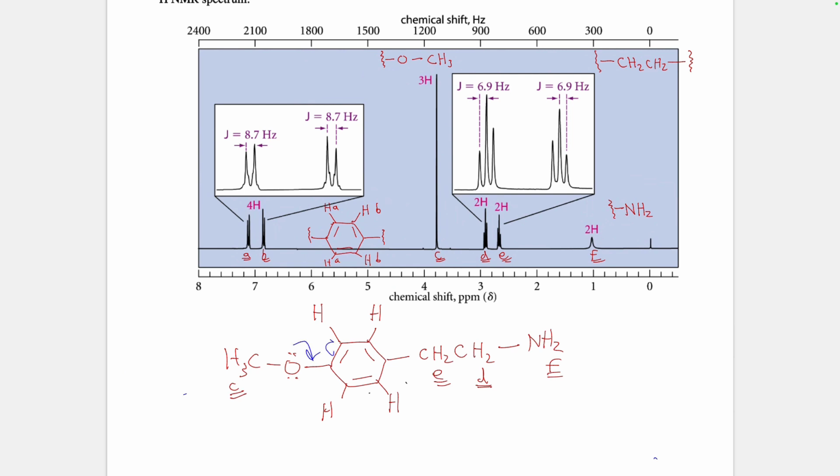It makes the positions next to it very electron rich, so they end up being more shielded than the others. This is kind of an advanced concept that we'll deal with in a couple of chapters further down the road. So I'm not going to expect people to get this, but I'll just say for now that the one that's the most shielded is the B signal. It's this one, the one that's near the oxygen. And then the A signal, the one that's more deshielded, is the other one.